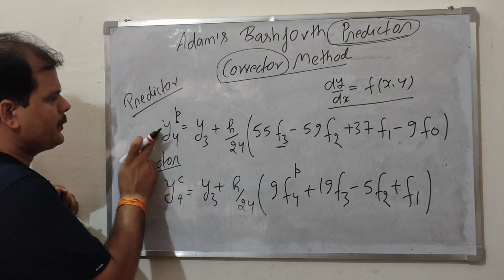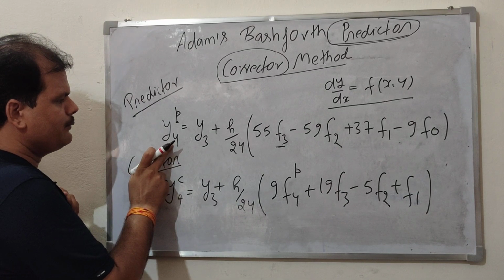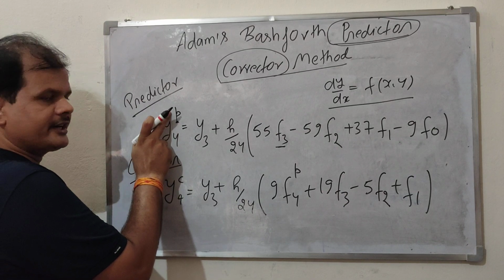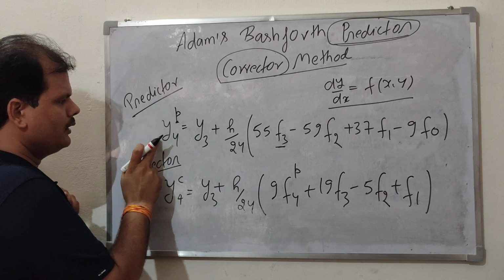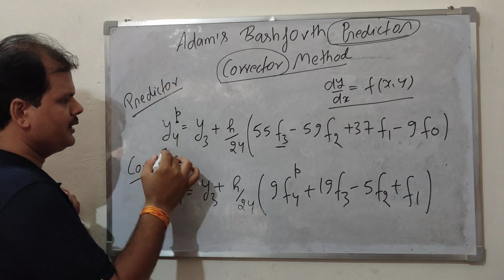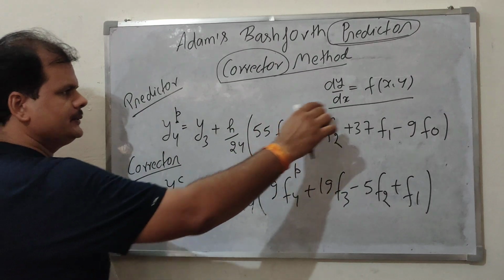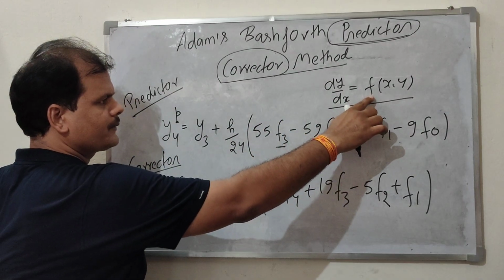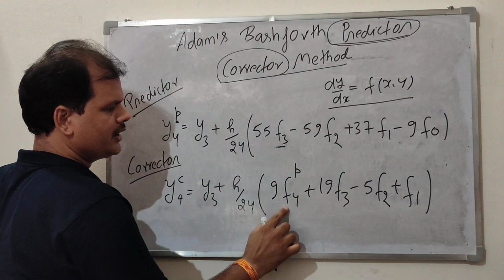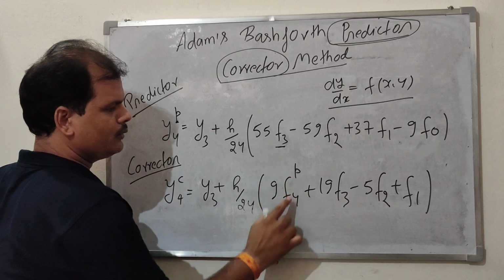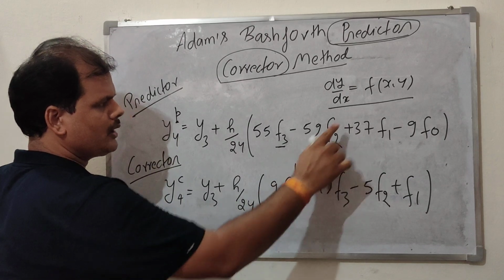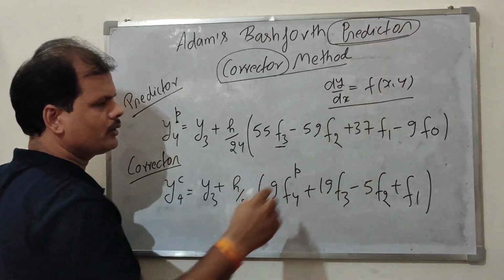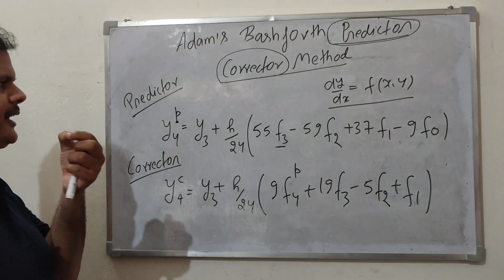From here we'll get the value of the predictor y4. Now using this y4p we'll calculate f4, the value of f at x4 and the predicted y4.